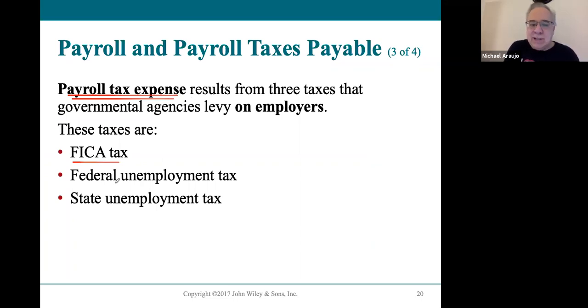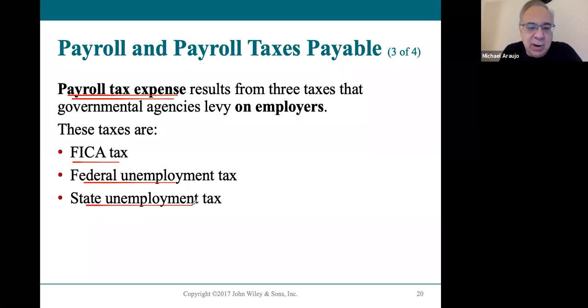Another thing that they must pay is federal and state unemployment tax. This is only on a small portion of every employee's pay, but this is where the government gets money to pay unemployment benefits to people who get laid off. Employers pay that tax to the state.